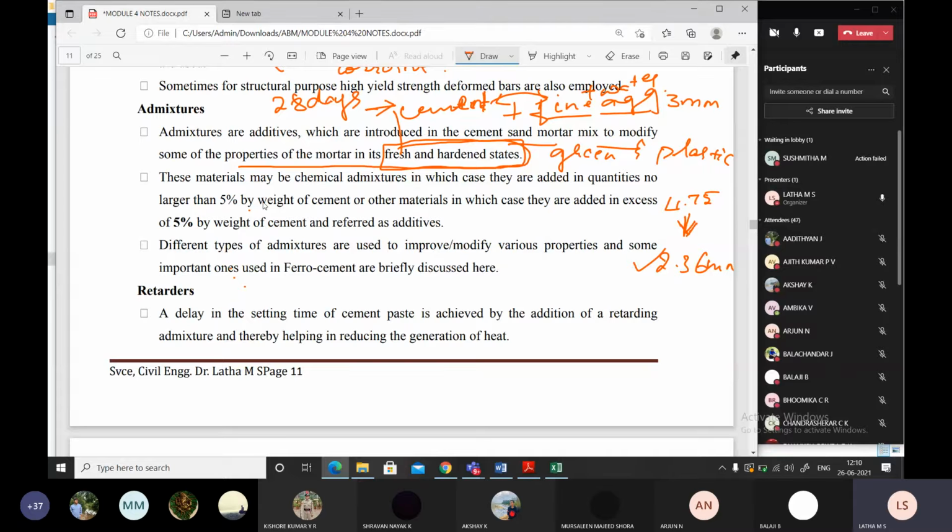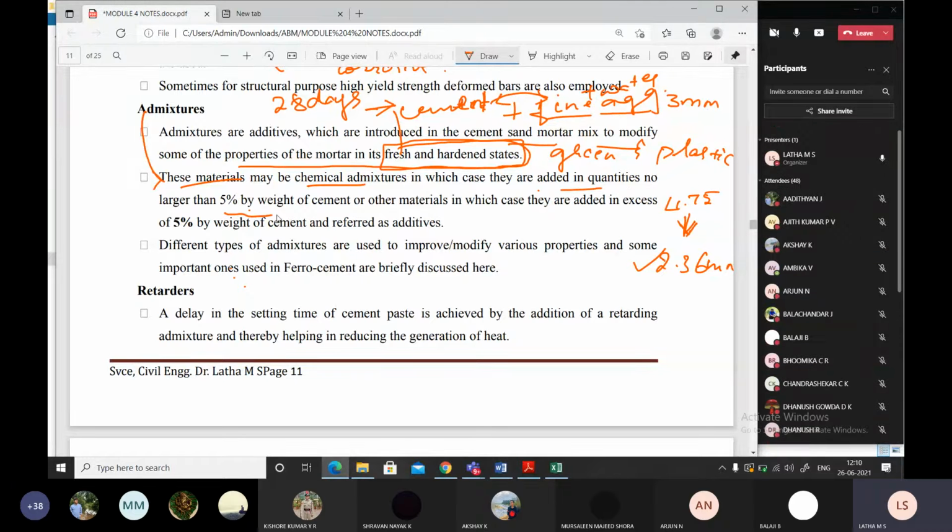These admixtures are chemical admixtures which are added in quantities no larger than 5% by the weight of cement or other materials.